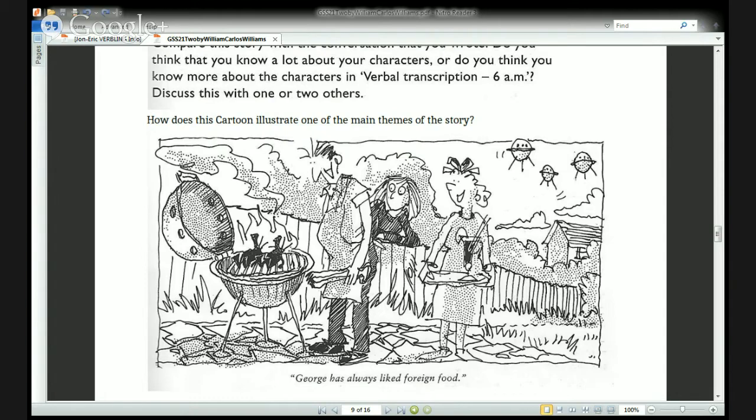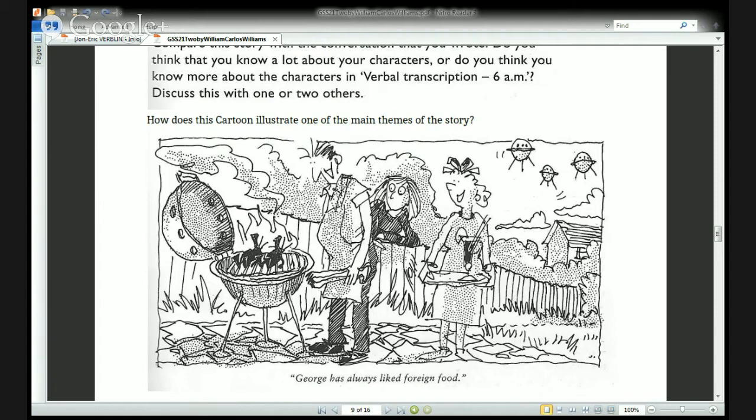Verbal Transcription reminds me of the imagination of people. The people who have a rich imagination, all they can see is something unusual. They can imagine very unbelievable things that usually people cannot imagine.